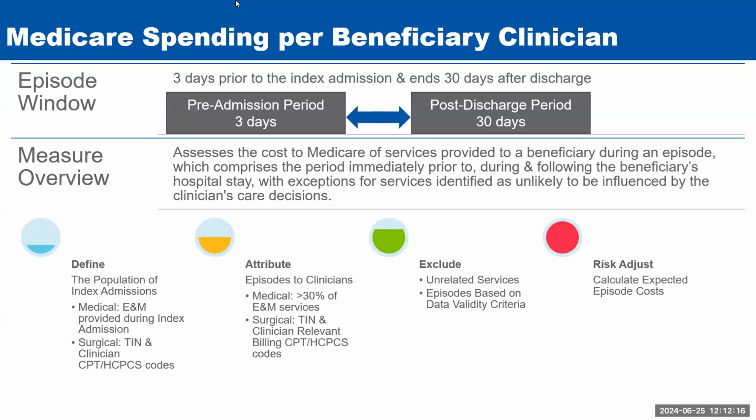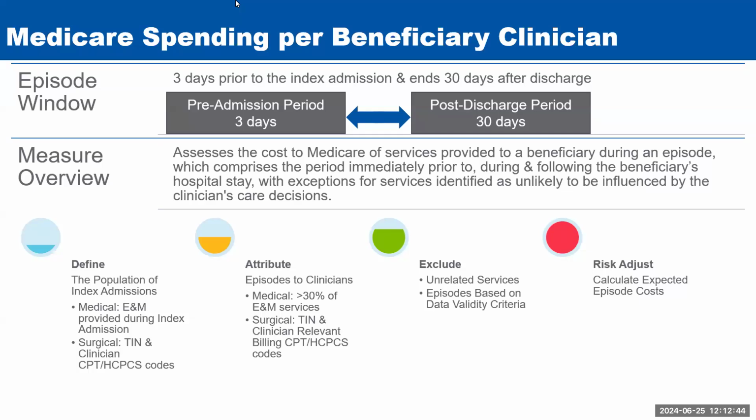CMS is going to look back at all Parts A and B, and look at what happened 3 days before that admission, and what happens 30 days post-discharge from that index admission. So that is the overall depth and breadth of that episode and all of the Parts A and B charges that go into it, regardless of care setting.